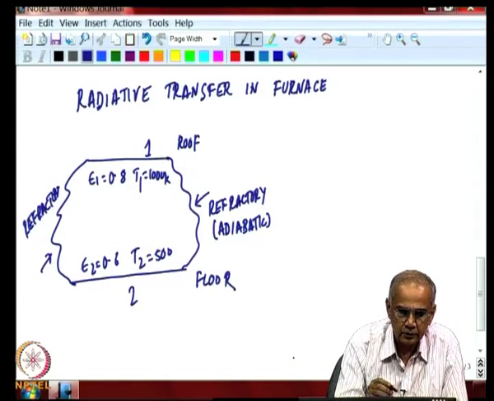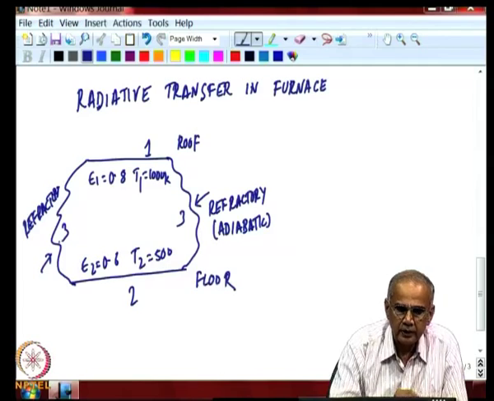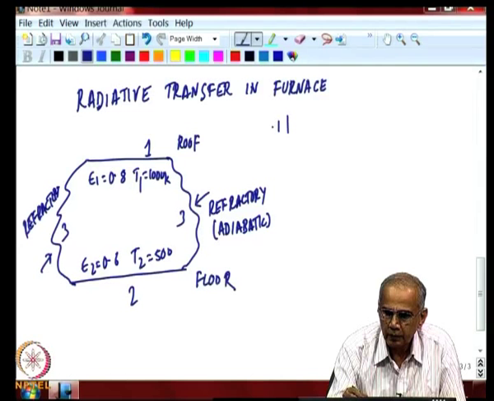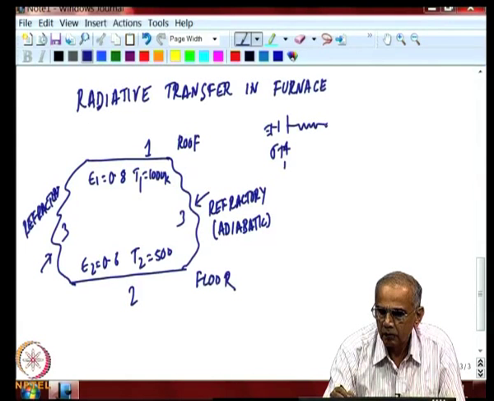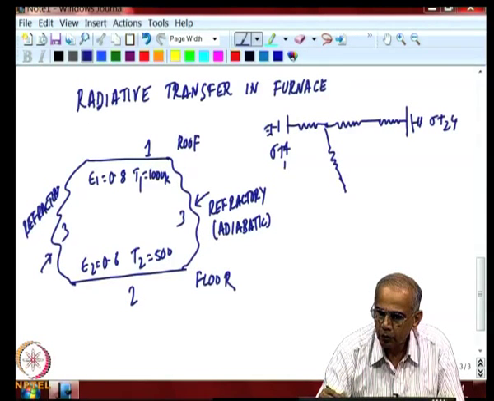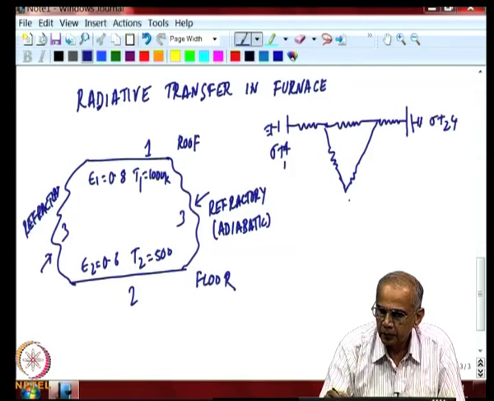Now, since surface 3 is adiabatic, so when we draw our electrical analogy, although we will come to surface 3, since surface 3 is adiabatic, no heat flows through it, okay, Q3 is 0.